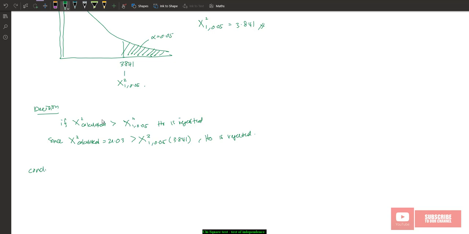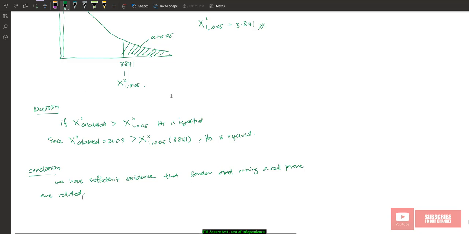So for the conclusion, we have sufficient evidence that gender and owning a cell phone are related. That's how we conclude our hypothesis.